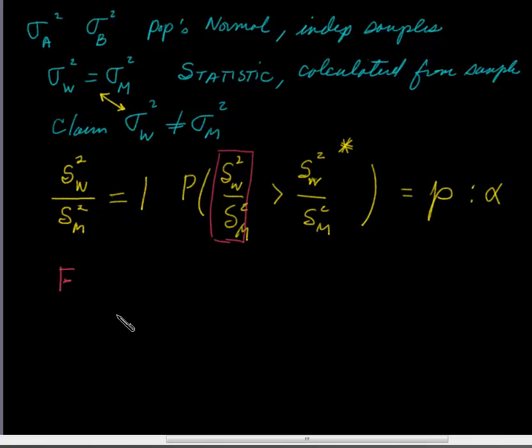Now, I'll tell you several things about the F distribution. Let me draw a horizontal axis. The F distribution looks like, it's not identical to, but it looks like a chi-square. It's non-negative. It starts at 0 and it runs out to the right.